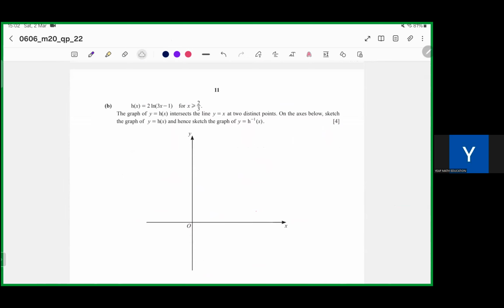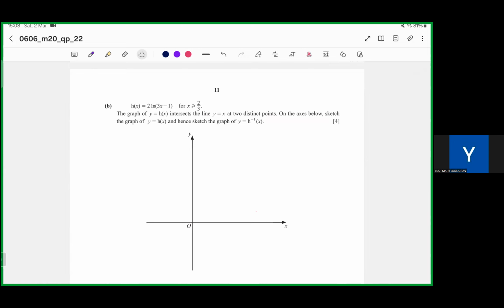Now we see question B, which is giving you a logarithm equation. Okay, now we see the question first. The graph of y equals h intersects the line y equals x at two discrete points. It means it will happen at 2 points of intersection.